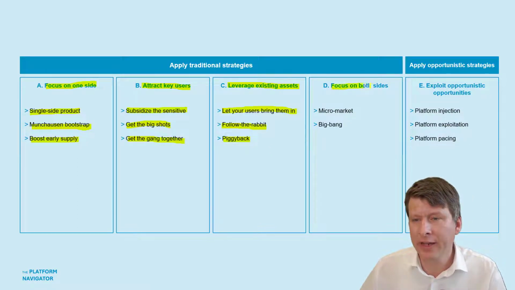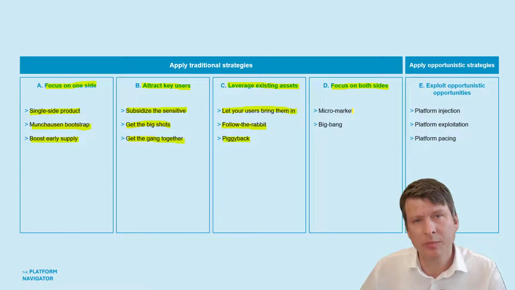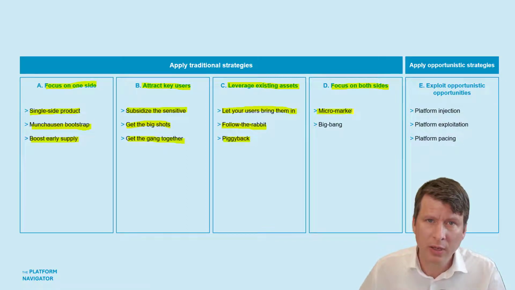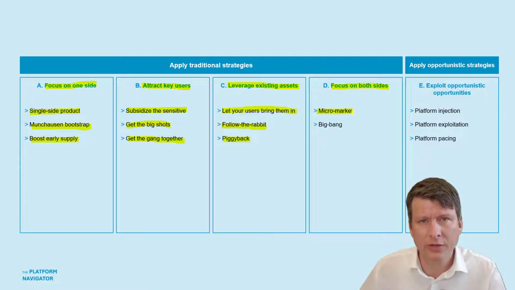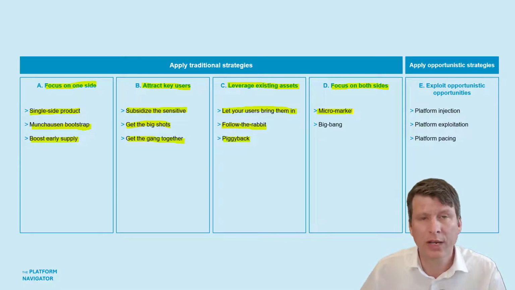Focus on both sides is really about tackling both sides at the same time. First, there's micro market. Think about Facebook. Facebook just started at Harvard, then other colleges, then high schools. And only after that, it went global and became the Facebook we know as of today.